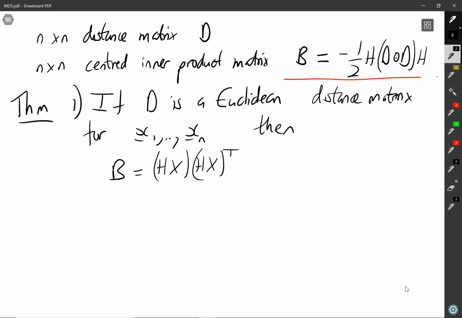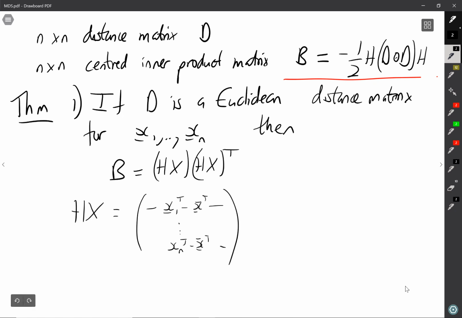So how do we center X? Well, we do HX. Remember, HX has the effect of subtracting the column mean from each row. So we'd get the matrix with rows (x1 minus x bar) transposed down to (xn minus x bar) transposed.